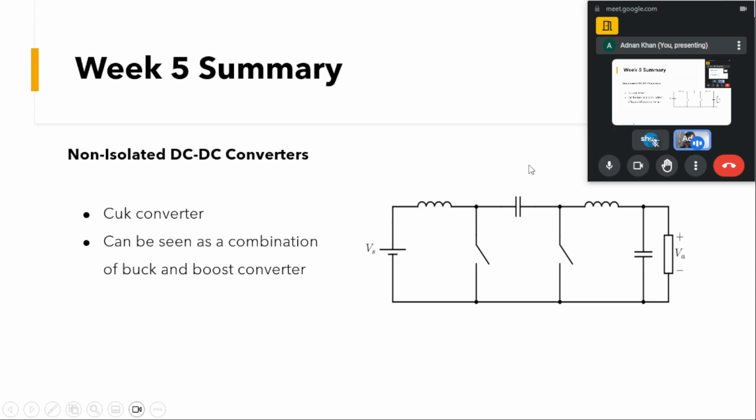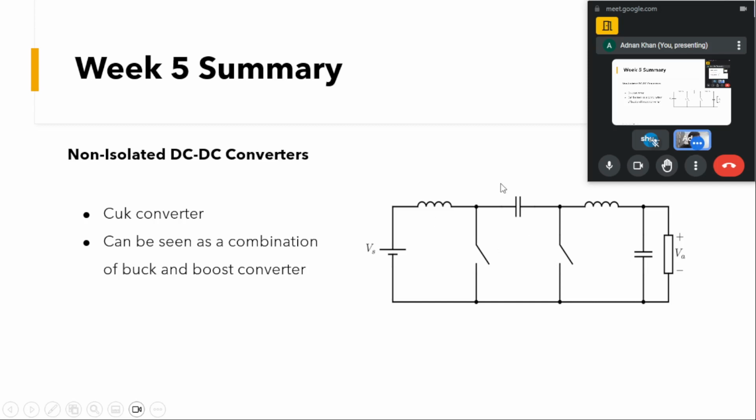If you look at the input side, we have an inductor and a switch, similar to what we had in the buck converter: an input, then inductor, then switch, then a diode, and then an output.